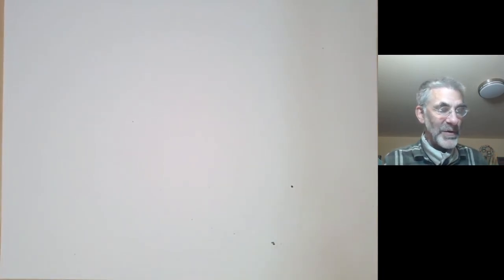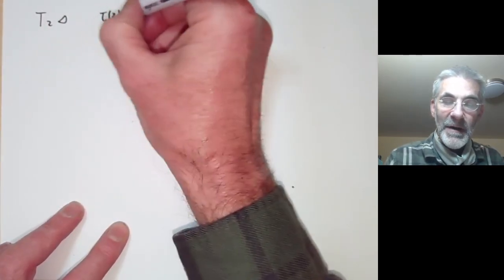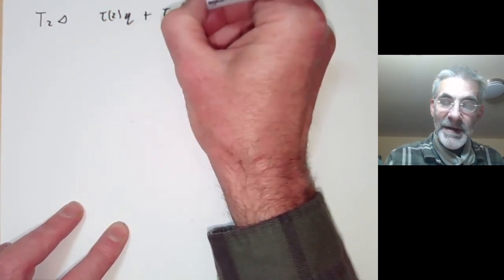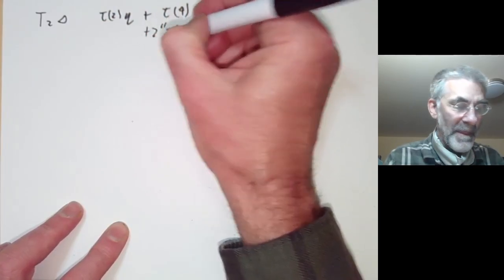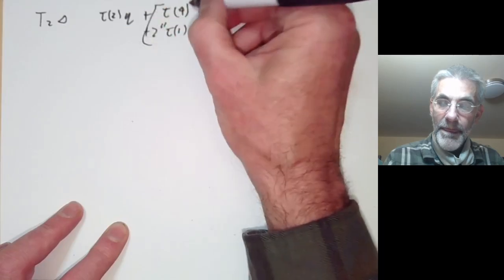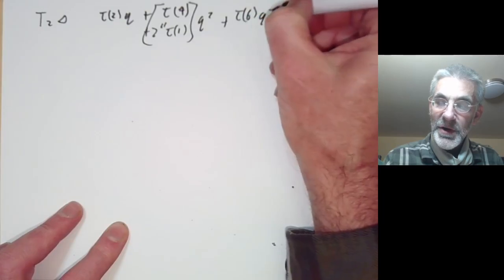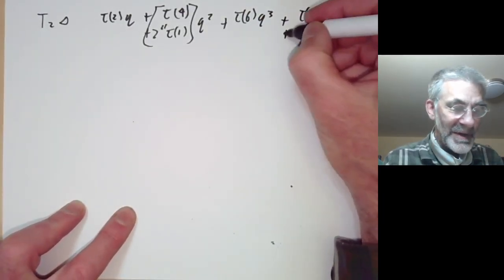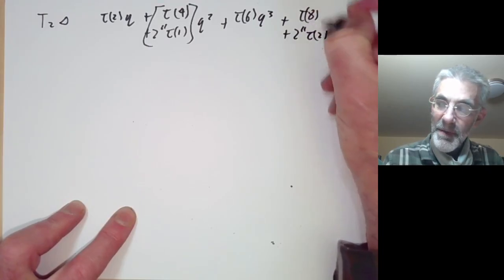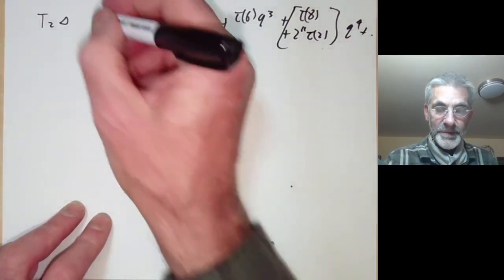So now let's look at this. So let's write out T2 of delta explicitly. So we've got tau 2 of q plus tau 4 plus 2 to the 11 tau 1 times q squared plus tau 6 q cubed plus tau of 8 plus 2 to the 11 tau 2 times q to the 4, and so on.